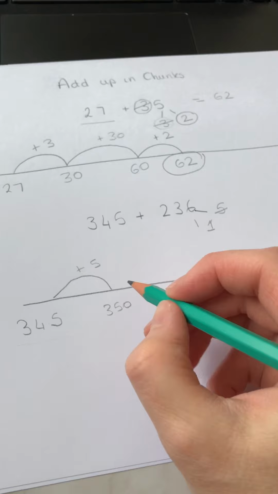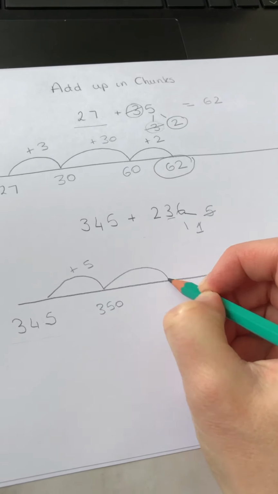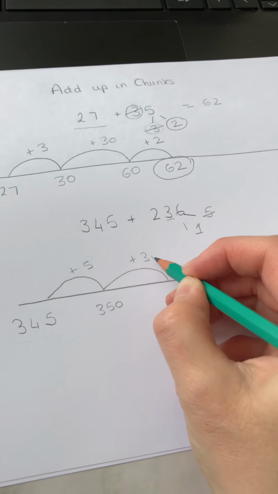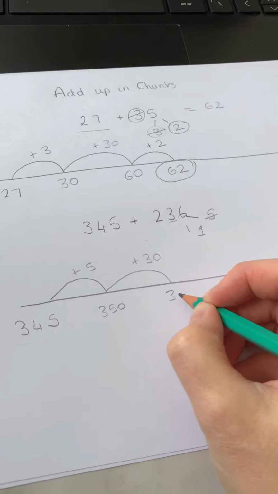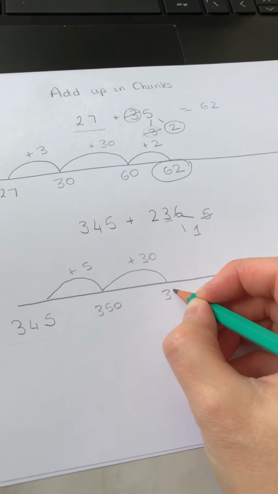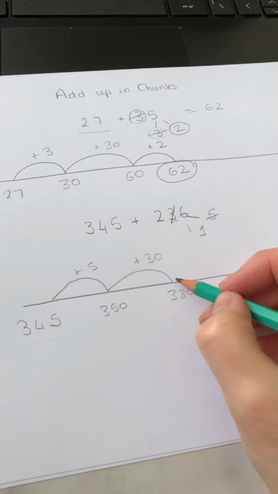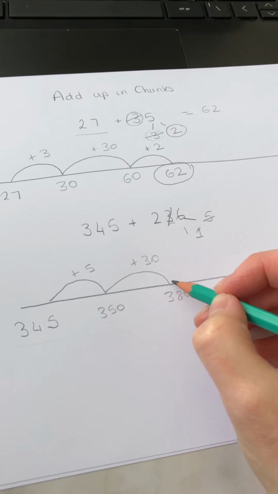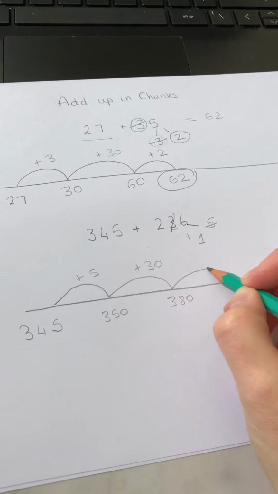Then if we add on our 10s, okay, big jump of 30, so 350 add 30 is going to take us to 380. I'm going to score this out because we've used it. Then again, it's up to you, but for me I would add on my hundreds now.